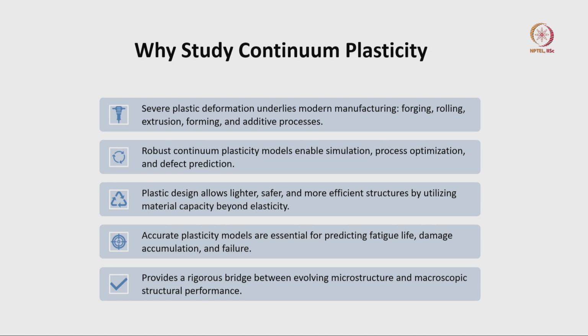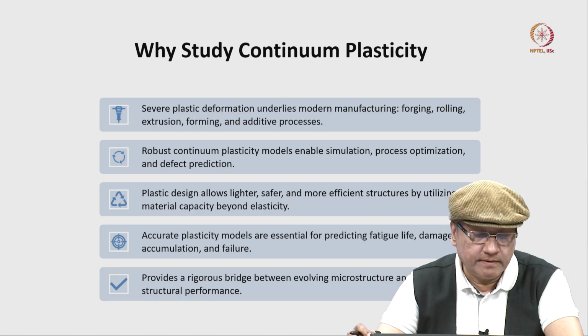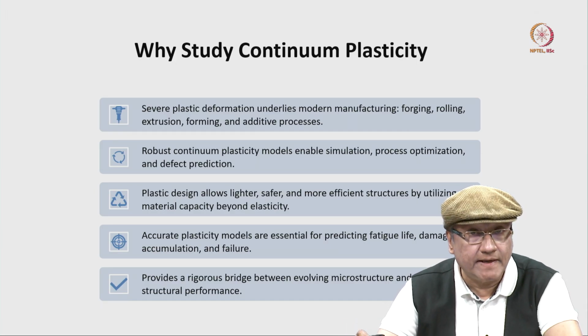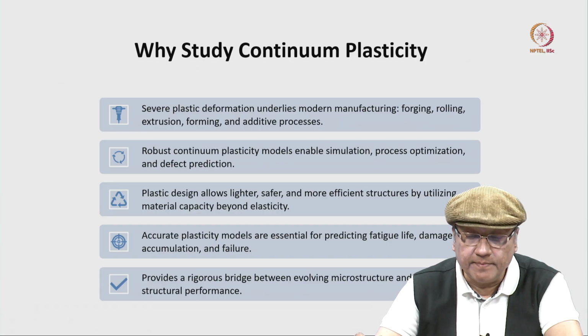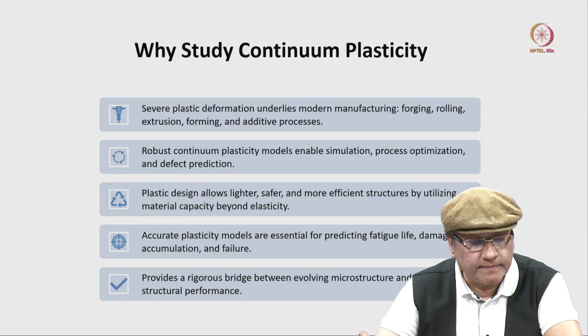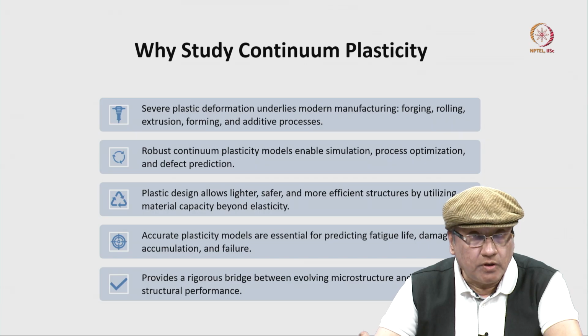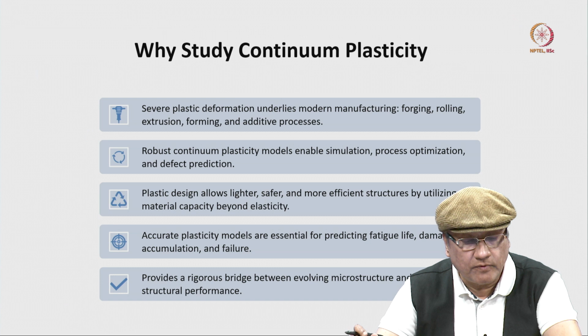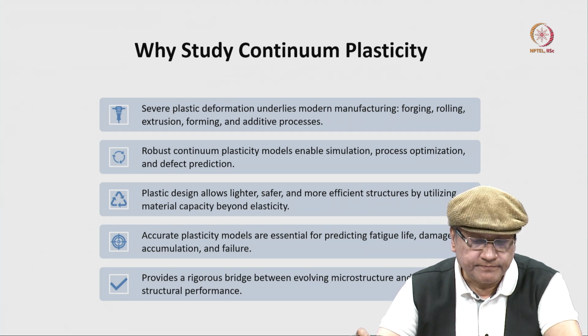So the first question comes up as to why we should study continuum plasticity at all in terms of the usefulness, etc. You typically have large plastic deformations which are inevitable in manufacturing processes, or at least in many of them. For example, in metal forging, rolling, etc. All modern manufacturing processes for components typically involve large plastic deformation.